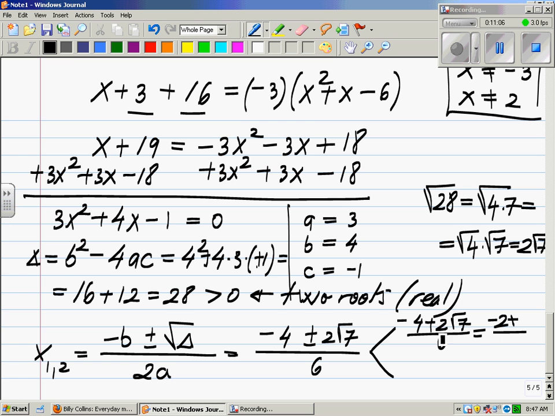Plus 2 square root 7 divided by 2 is going to be square root 7. 6 divided by 2 is going to be 3. That's your first root. The other one would be minus 4 minus 2 square root 7 over 6. And as you can see here, will be minus 2 minus square root 7 over 3 after you divide everything by 2. And these are your solutions.